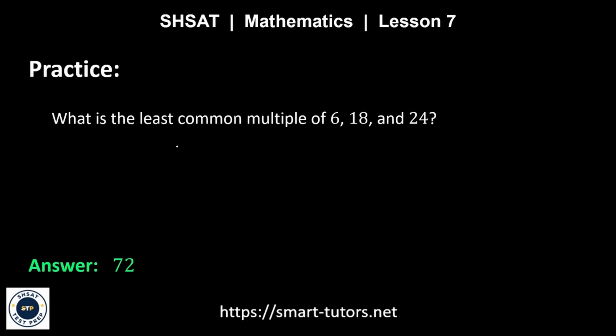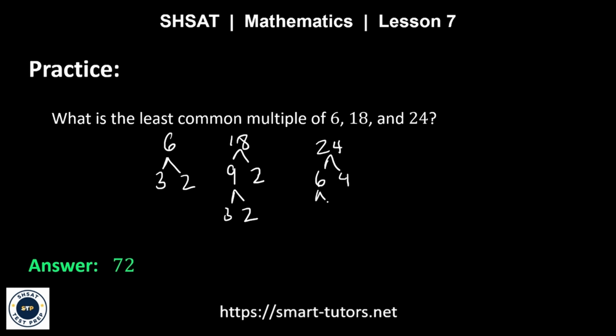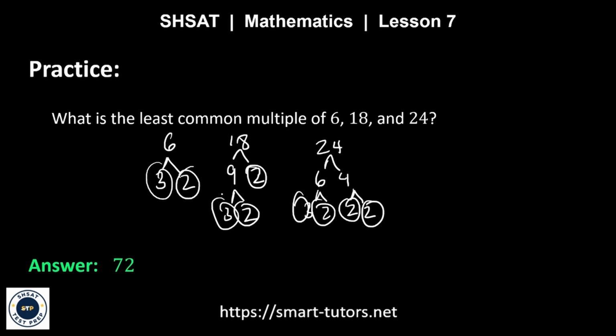So again, you write out the prime factors. So you have 3 and 2. For 18, you have 9 and 2, and then you break it down further. So circle all the prime numbers. Notice that they all have 3 and 2.